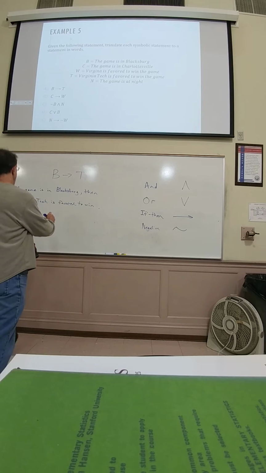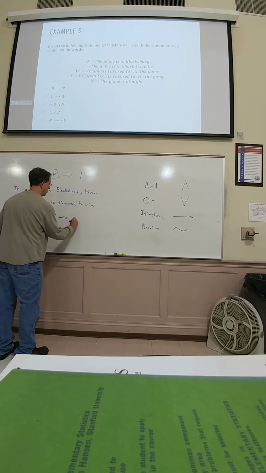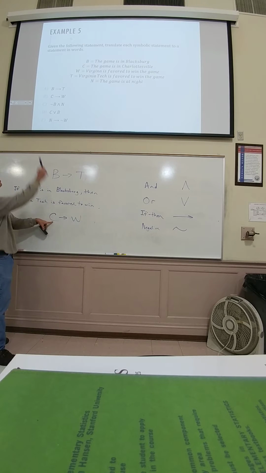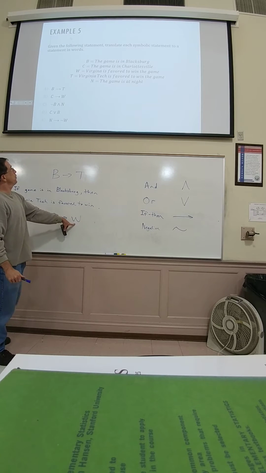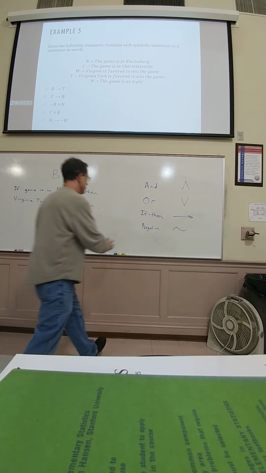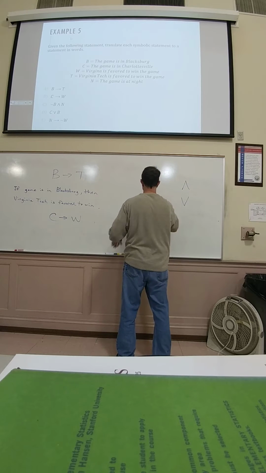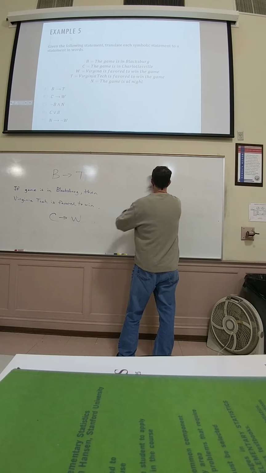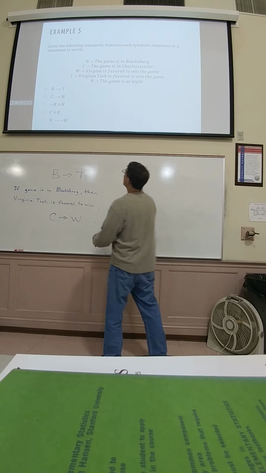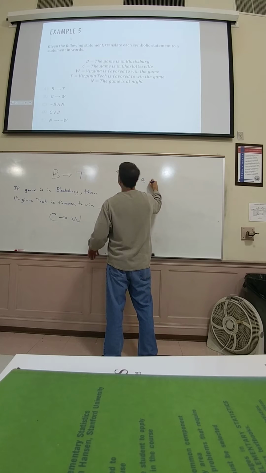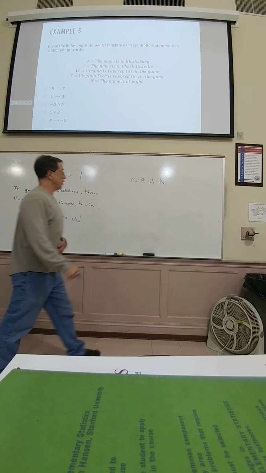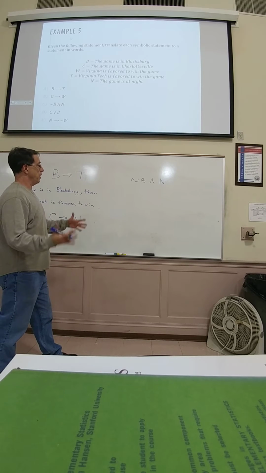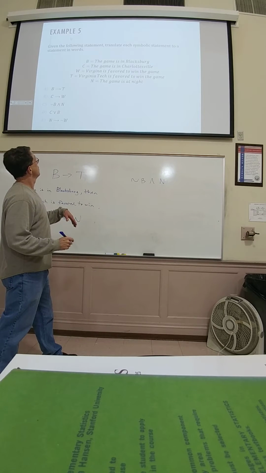Now, if you have like C arrow W, this would be, looking at the key for what each statement represents, if the game is in Charlottesville, then Virginia is favored to win. I'll do one more. Negate B, the upside down V looking thing is and, and then N is the next symbol.